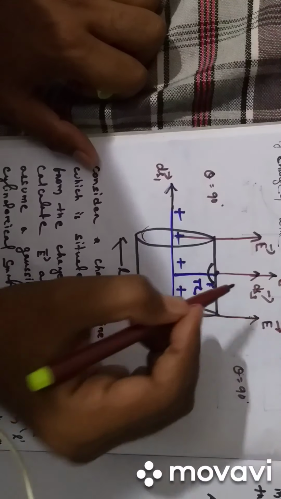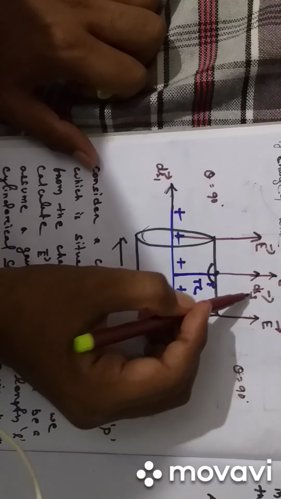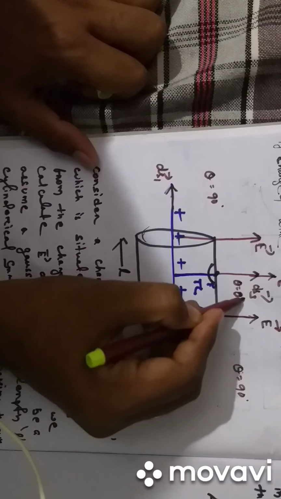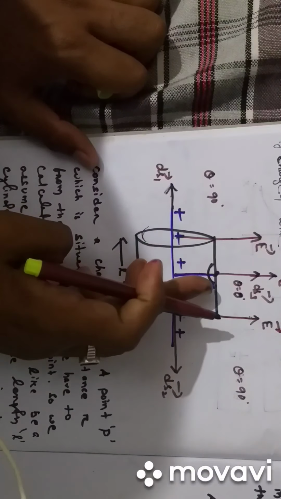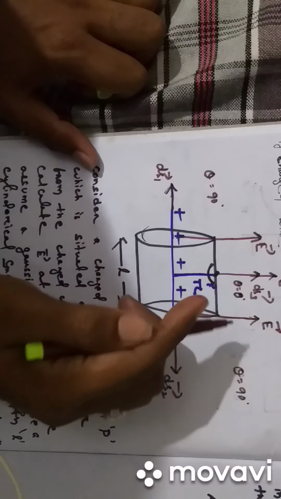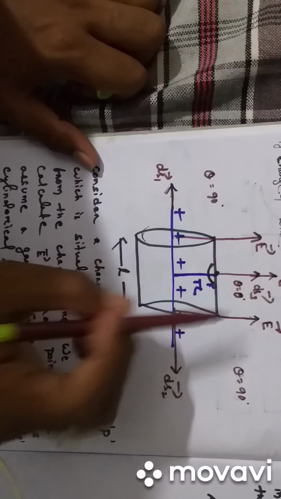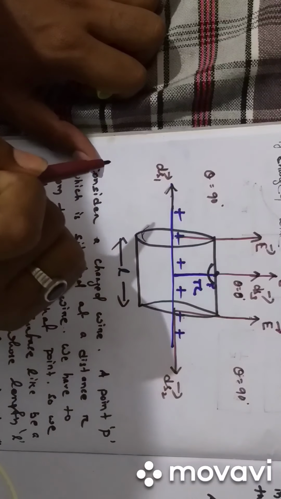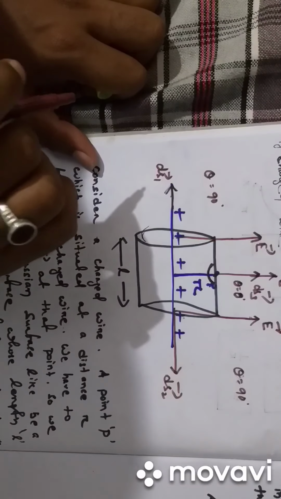So the angle between E vector and ds3 is theta equal to 0 degrees, because both electric field and area vector ds3 are parallel to each other.